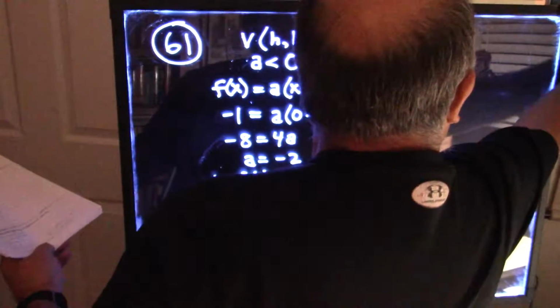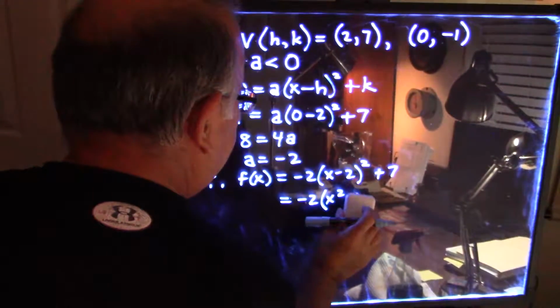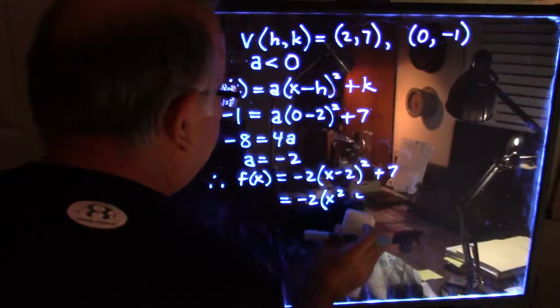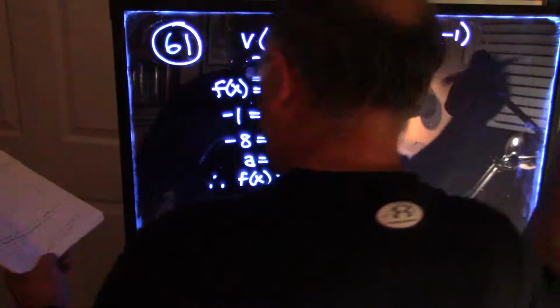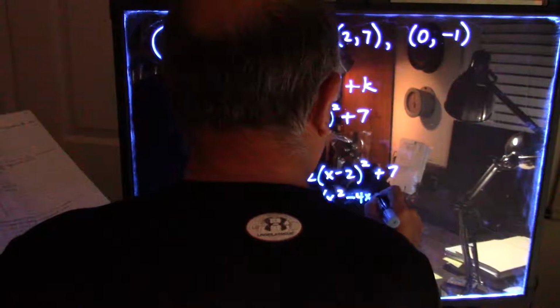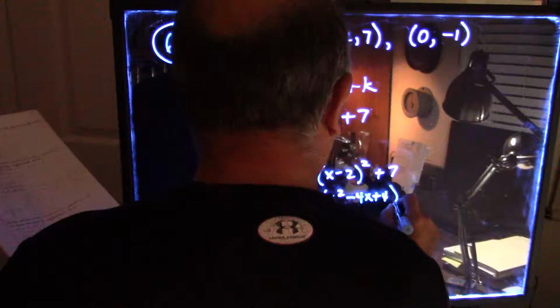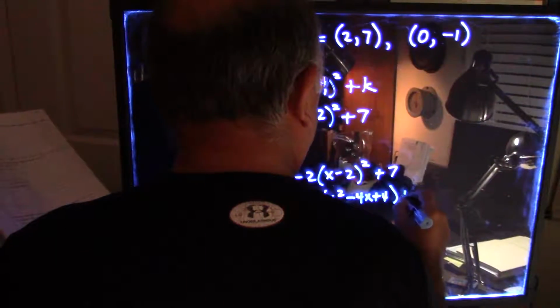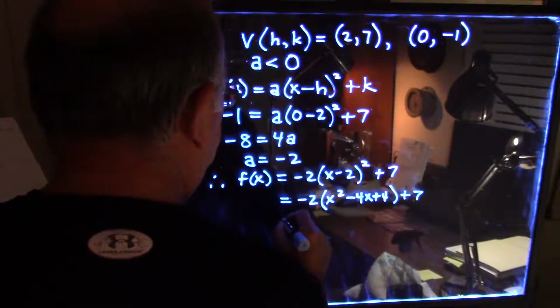Oops. Not plus 4x. x squared minus 4x plus 4, plus 7 outside of the parentheses there.